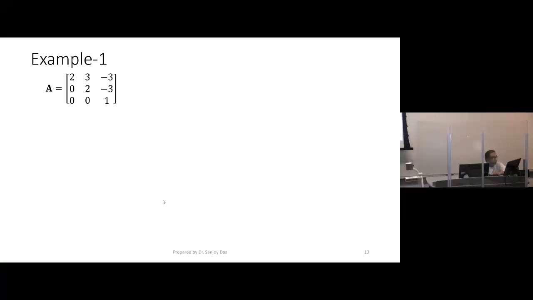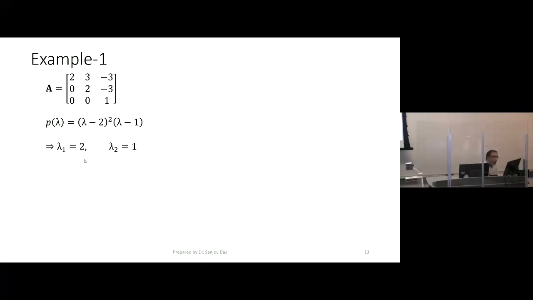Let's look at an example here. So this is my matrix A. P of lambda is lambda minus 2 squared times lambda minus 1. You can actually guess that this would be the characteristic polynomial because we know that the eigenvalues are 2, 2, and 1. Why? Because this is an upper triangular matrix.